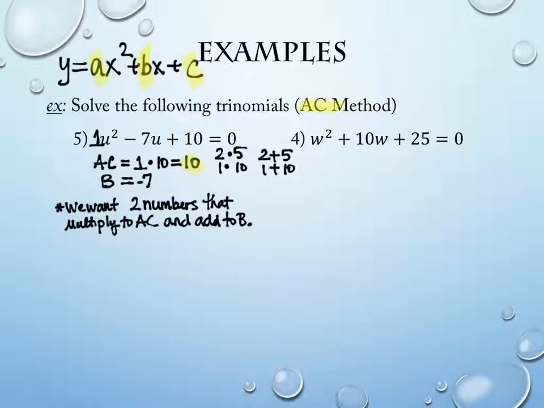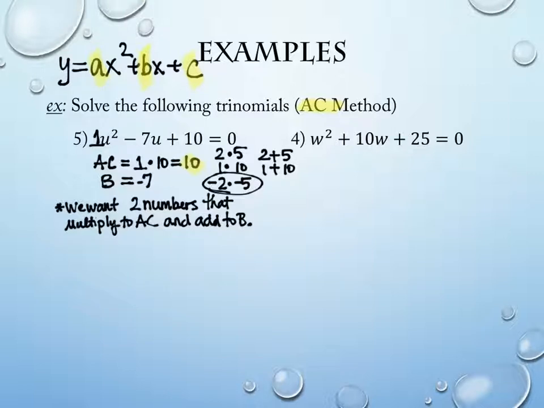Well, 2 plus 5 adds to 7, right? So I actually could have also done negative 2 times negative 5 here. Yes. And that's the one. Negative 2 and negative 5 add to negative 7 and multiply to 10. Let me show you how I'm going to use them.